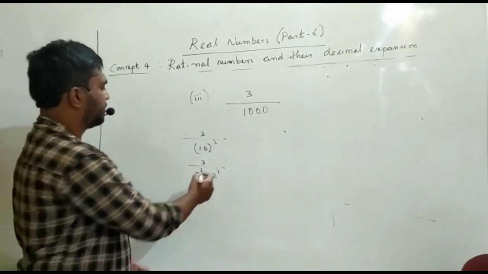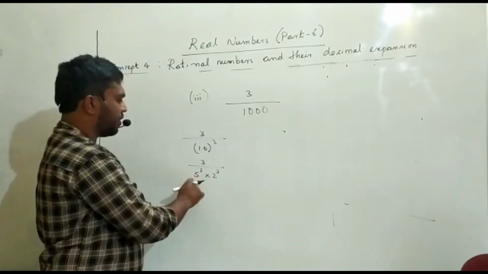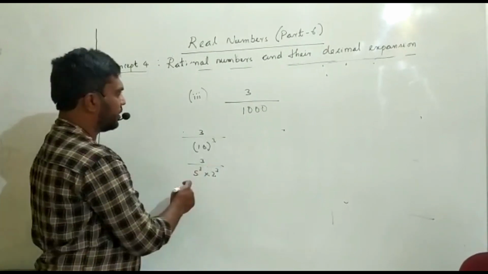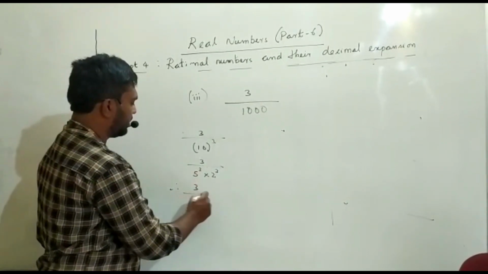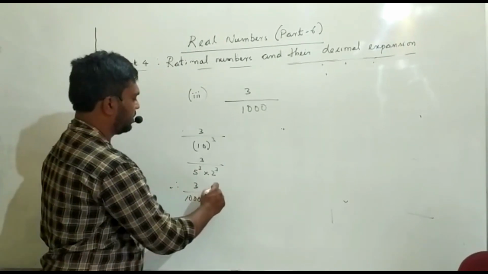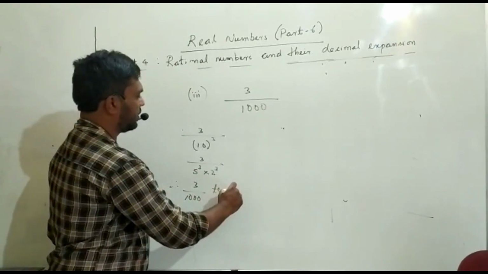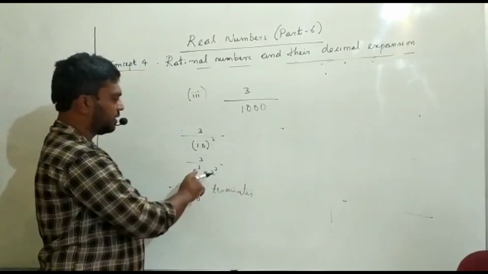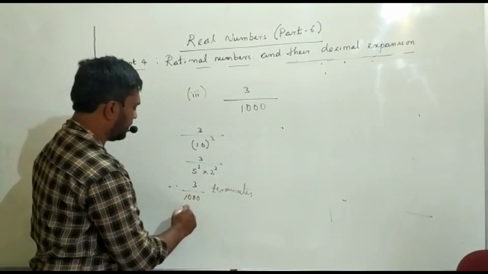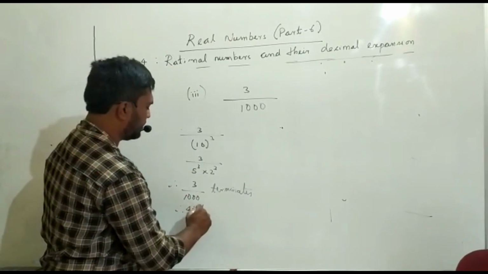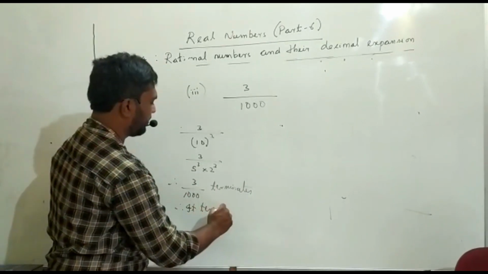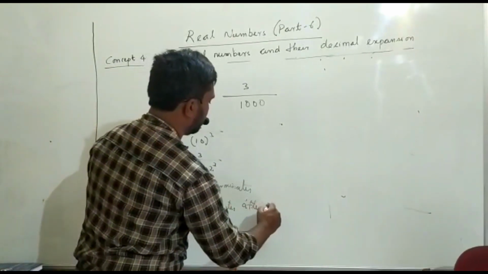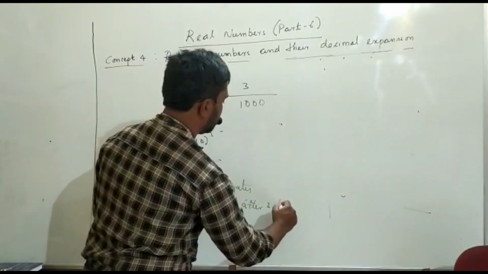So q is in the form of 5 to the power of m, 2 to the power of n. Therefore 3 by 1000 terminates. You can see what the highest power is here. 3 is the highest power. It terminates after 3 decimals.